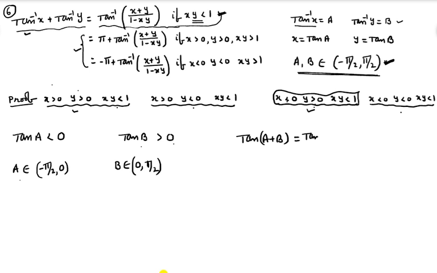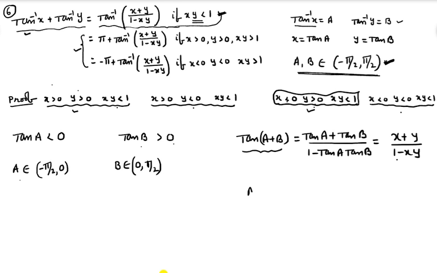What is the formula for tan of a plus b? Tan of a plus b is equal to tan a plus tan b divided by 1 minus tan a into tan b. So we are getting x plus y divided by 1 minus xy.